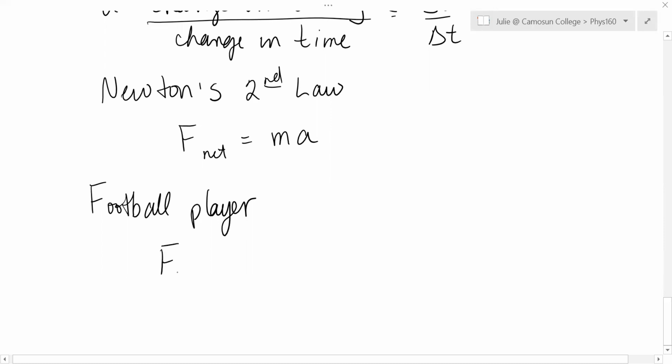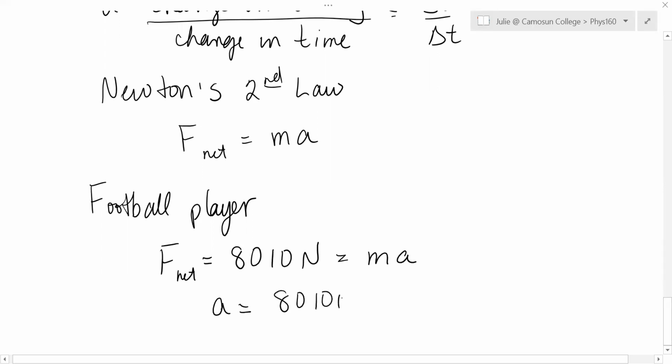So we'll take the net force to be that force of collision, the 8010 newtons, and that's equal to m times a. So the acceleration that football player feels would be 8010 divided by the mass of the football player, 100, and you get 80.1 meters per second squared. That is a significant acceleration.